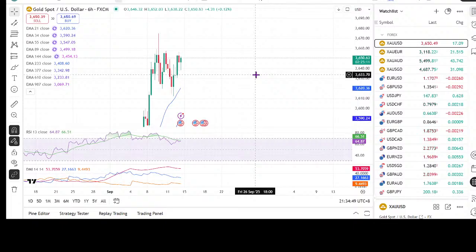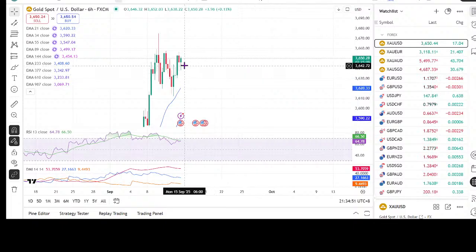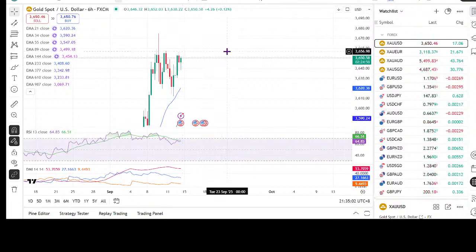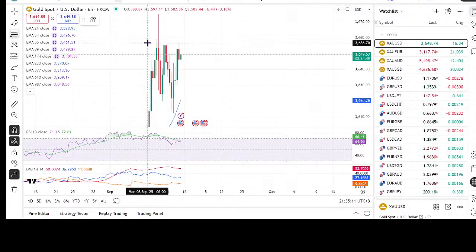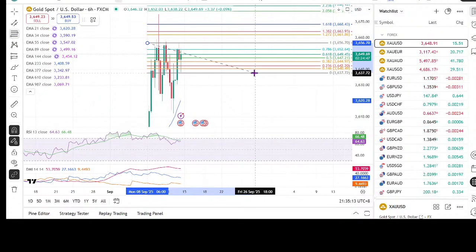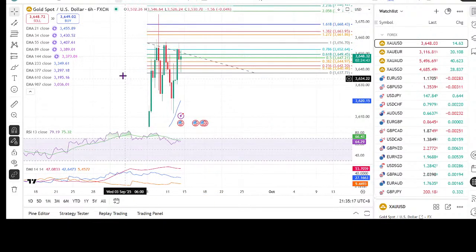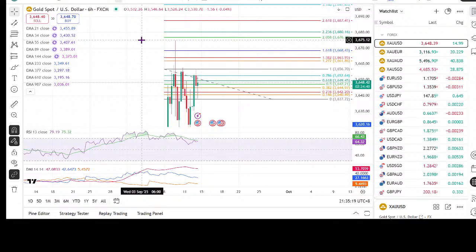Here, if we look into this 6 hours chart, we are expecting this trend to last for another 2 hours 30 minutes, and price should be testing this 56, and if it breaks, then we should be seeing the price extending towards 62 and 75.